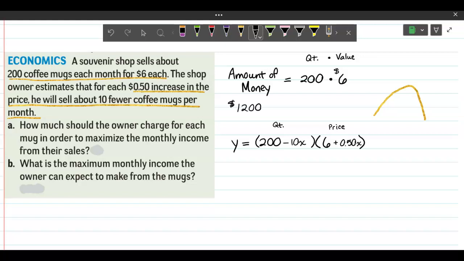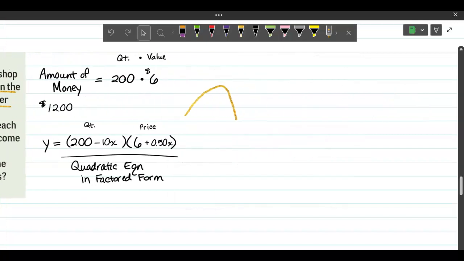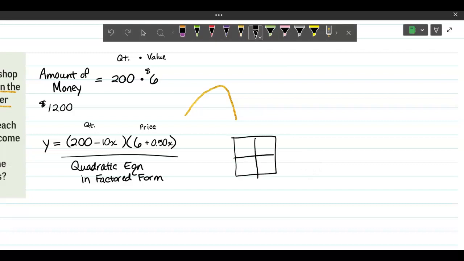From here, you can just use this equation. This is a quadratic equation in factored form. That's fine. You can leave it like that. But some people say, I don't like looking at it like that. I want it to look like ax squared plus bx plus c. That's fine. You just have to change it to make sure that it looks like it's in standard form by just foiling or boxing it.